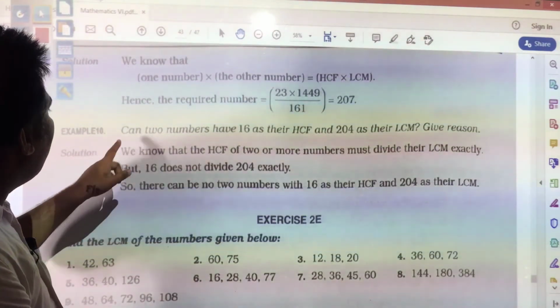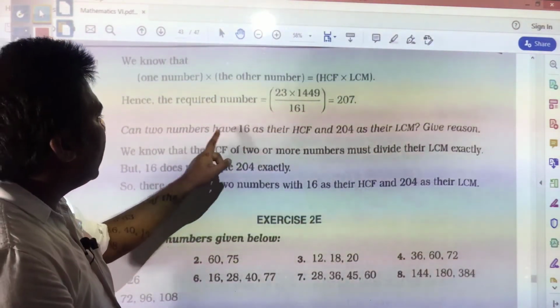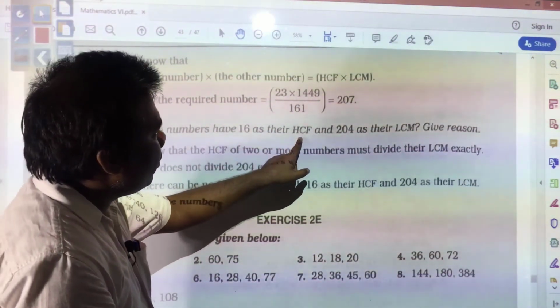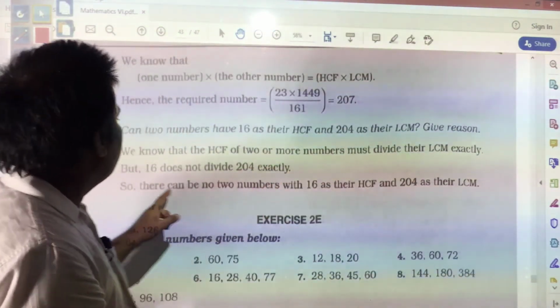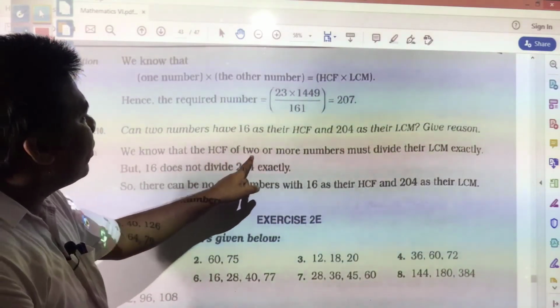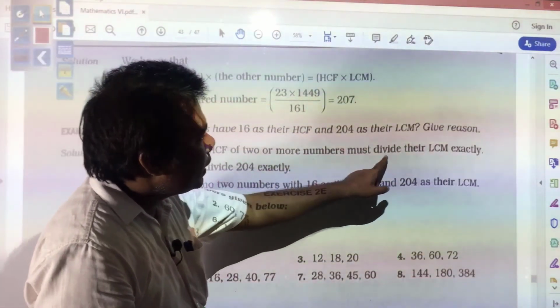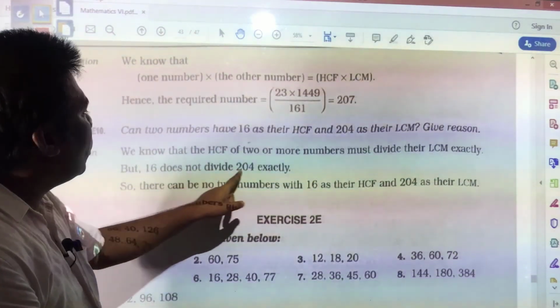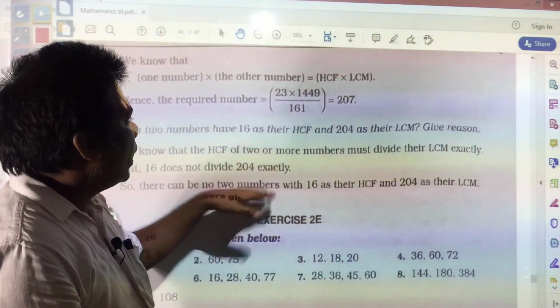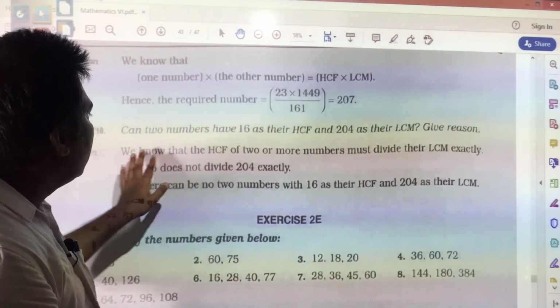Next example you have: can two numbers have 16 as their HCF and 204 as their LCM? Give reason. We know that the HCF of two or more numbers must divide their LCM exactly, but 16 does not divide 204, as the property was given.